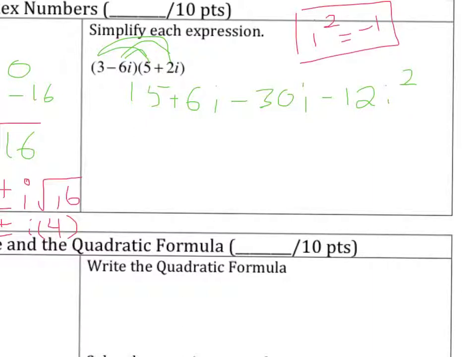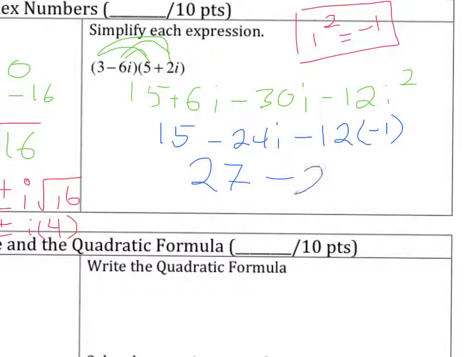Please remember that i equals the square root of negative 1, so if you square it, you get a negative 1 out. Okay, so if I plug this stuff together, I've got 15. 6 minus 30 is minus 24i, and then minus 12 times i squared, negative 1, is plus 12. 15 plus 12 is 27. 27 minus 24i, and I'm done.